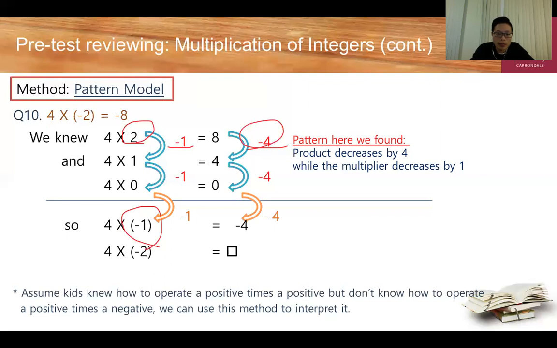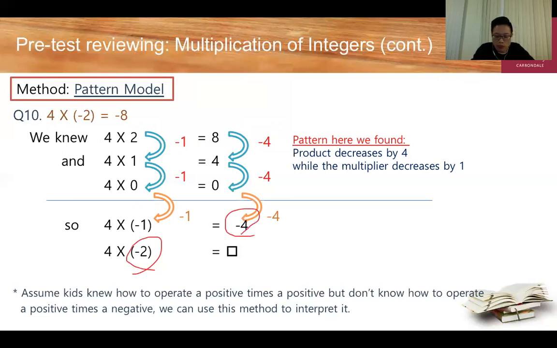Okay, and so back to our question, 4 times -2. Okay, so for 4 times -2, the multiplier here decreased by 1, right? So the product will be -4 decreased by 4.